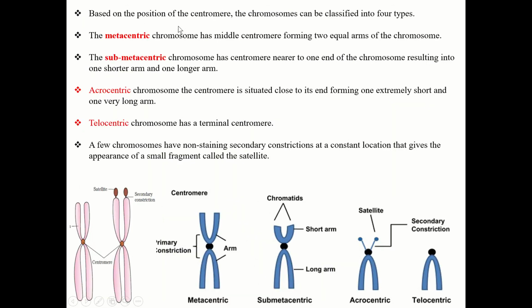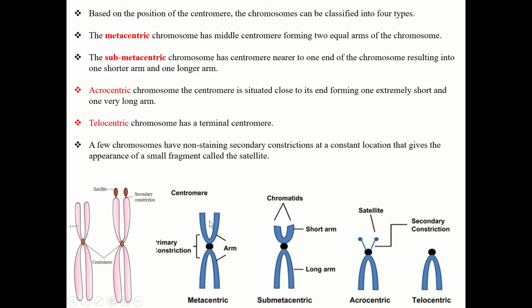Now based on the position of the centromere, chromosomes can be classified into 4 types. The first one is the metacentric, second one is the submetacentric, third one is the acrocentric, fourth one is the telocentric.